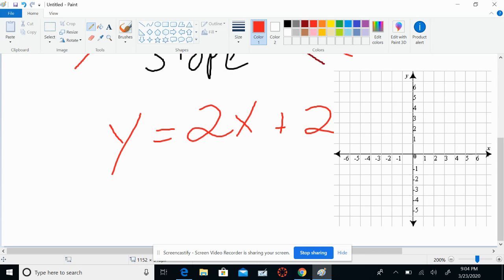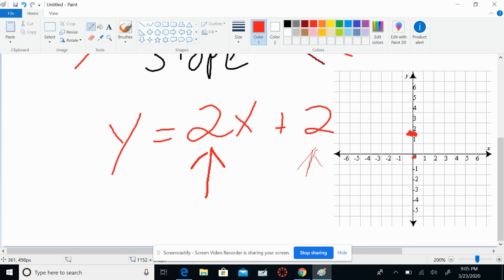But to shortcut this, the 2 here is the y-intercept, where it crosses the y-axis, where x is 0. So we look at where 2 is on the y-axis, and it's right there. That's where our y-intercept is going to be.